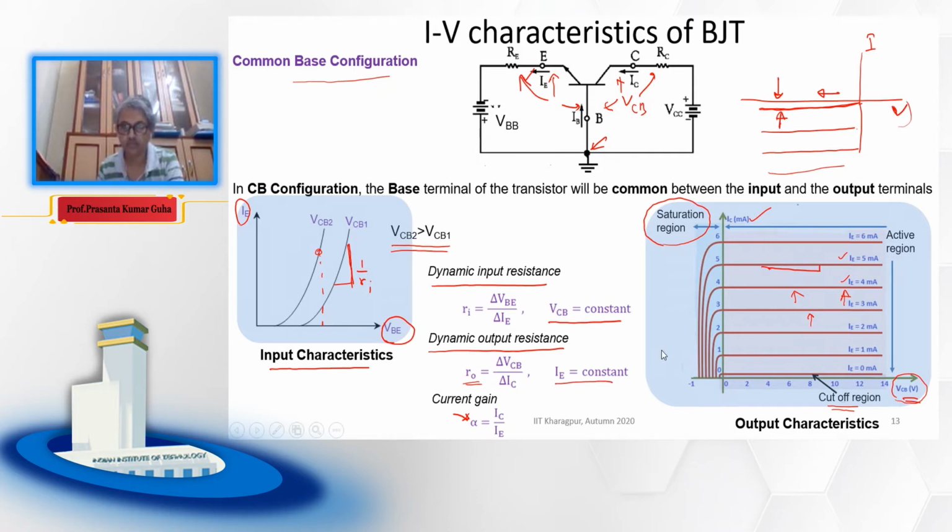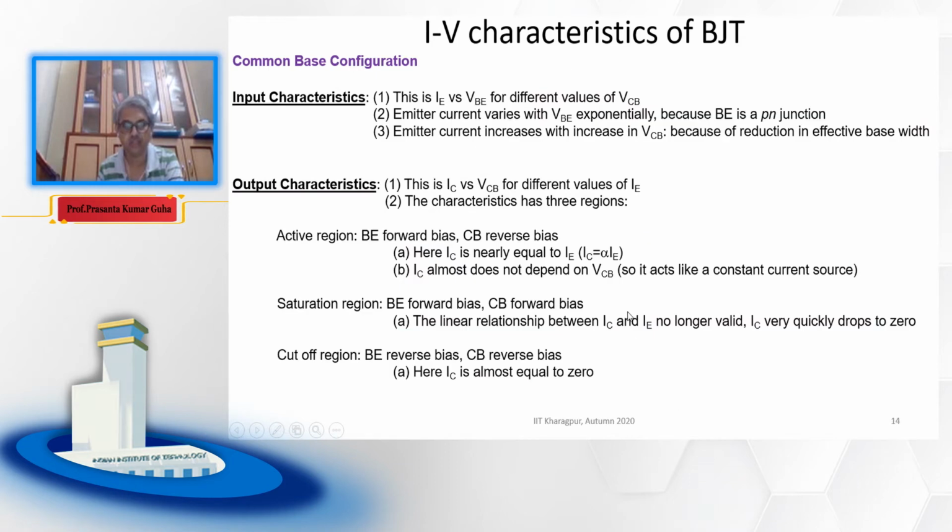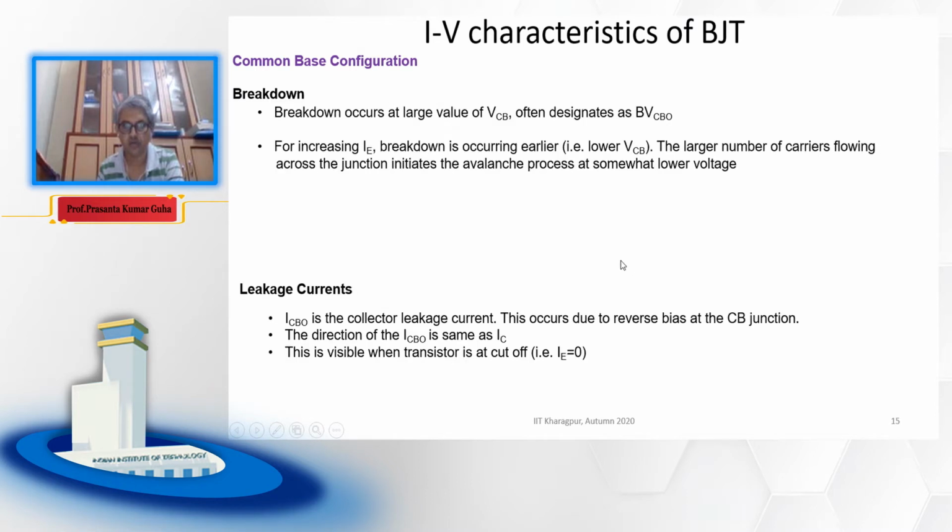Now one more thing I want to mention. This part we have already discussed. One thing I forgot to mention in the last class is a thing called breakdown. If we keep on increasing VCB, what will happen?